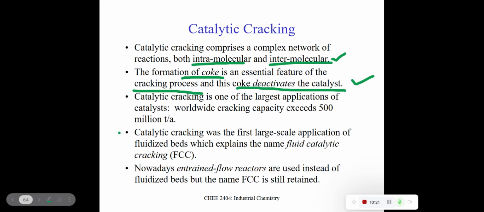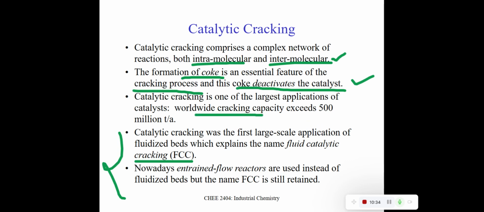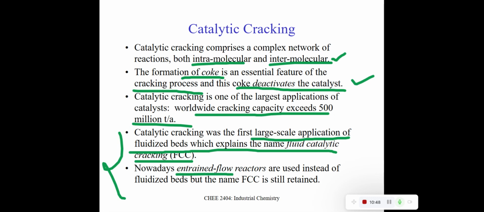One of the processes is FCC, which is widely used in refinery industrial processes. Worldwide cracking capacity exceeds 500 million tons, and it was the first large scale application of a fluidized bed, which explains the name fluid catalytic cracking. Nowadays, entrained flow reactors are used instead of fluid beds, but the name FCC still remains.